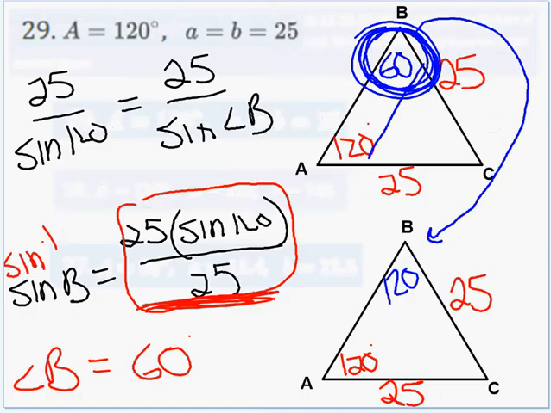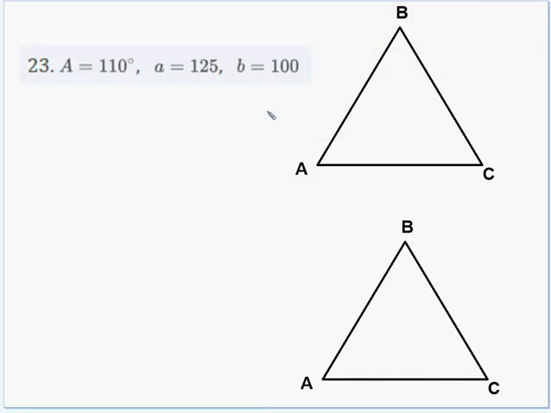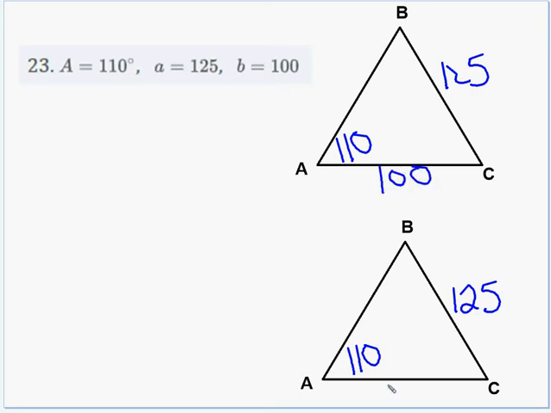23 is up next. So angle A is 110. Side A is 125. That will again be true on both triangles. And here side B is 100. All right, looking here, we've got a side and the angle across from it, 125 and the 110 degree angle. So that gives us a fraction of 125 over the sine of 110.